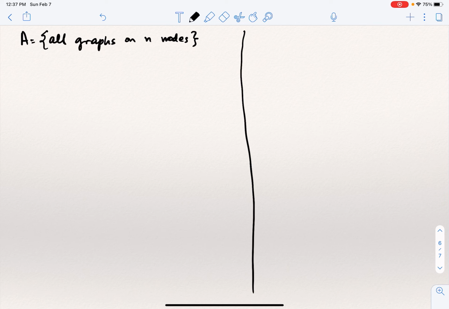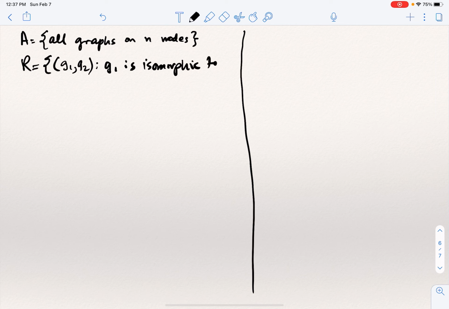And I define a relation on this set A, a binary relation on set A. I say that graph G1 is related to graph G2 if G1 is isomorphic to G2.